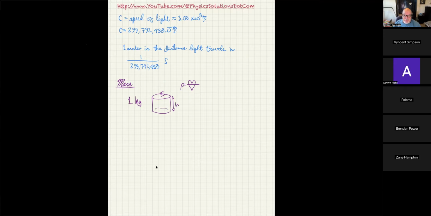So the fact that it has to have a fixed mass, which is 1 kilogram, and the fact that it's made of a fixed material, which means its density is fixed, all of that tells us that volume is equal to a constant, as is mass equals a constant, and the density equals a constant. So the density is a constant, and the mass is a constant, and therefore the volume has to be a constant.